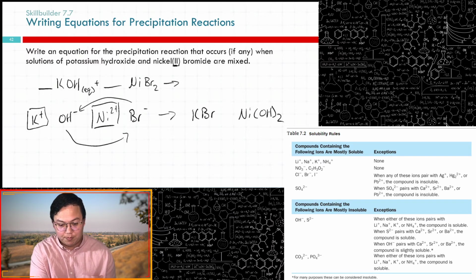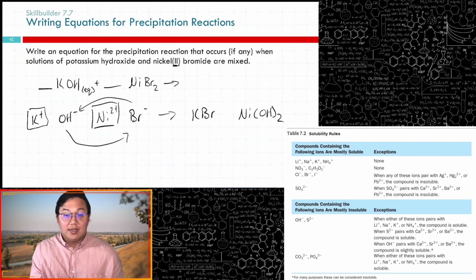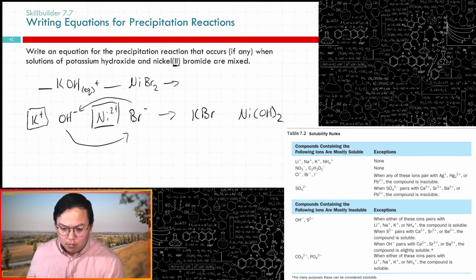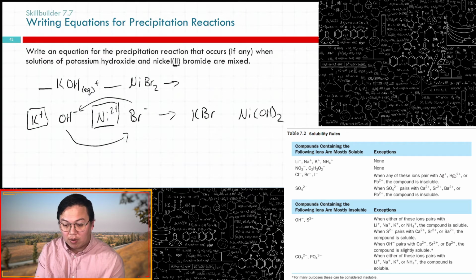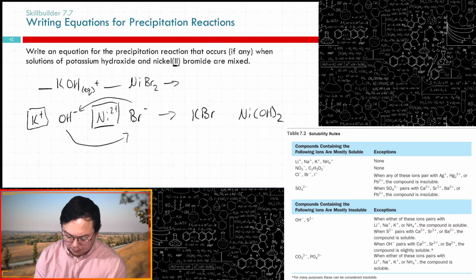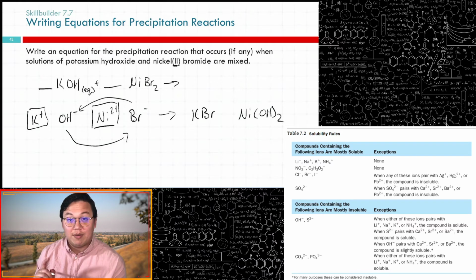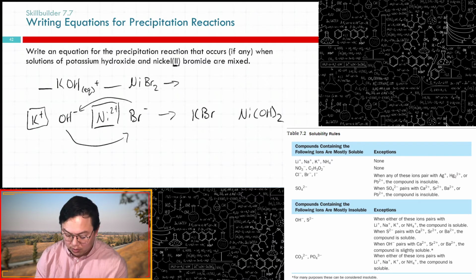For the purposes of this, unless I'm asking you whether it is slightly soluble, write that it is insoluble. So we're mixing hydroxide and nickel. Nickel's not part of those exceptions, so that's going to be our solid. So we know we have a reaction because we have something that is insoluble.